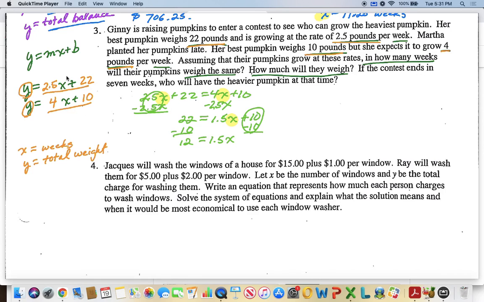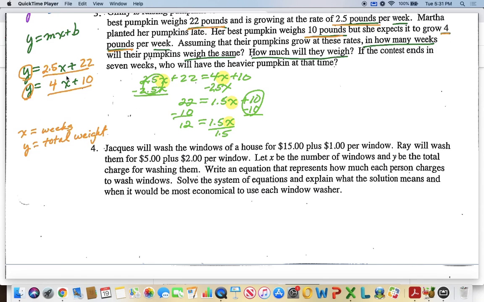Still trying to isolate that x, and it's being multiplied by 1.5. So let's go ahead and divide it by 1.5. And that will mean that it's 1.5 over 1.5, which is 1. And that is equal to just plain x. And then we're supposed to divide this side by 1.5 also.